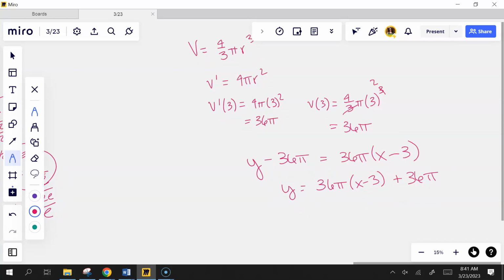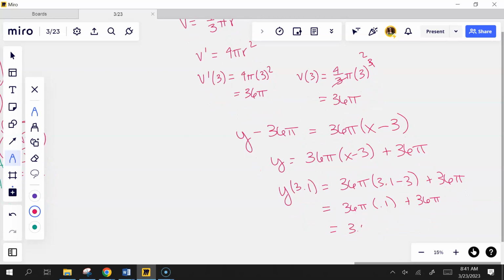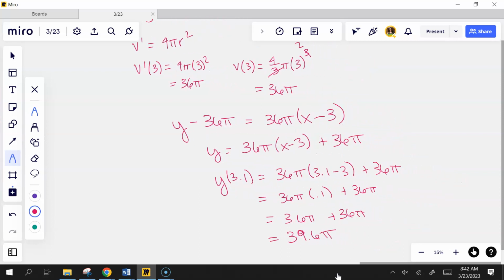For x. 39.6 pi. How is that different from the actual volume at 3? Did they get D? 3.6 pi or 3.6, yeah.